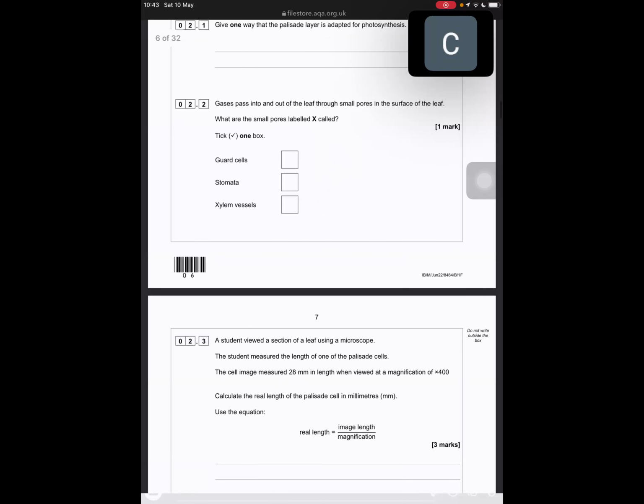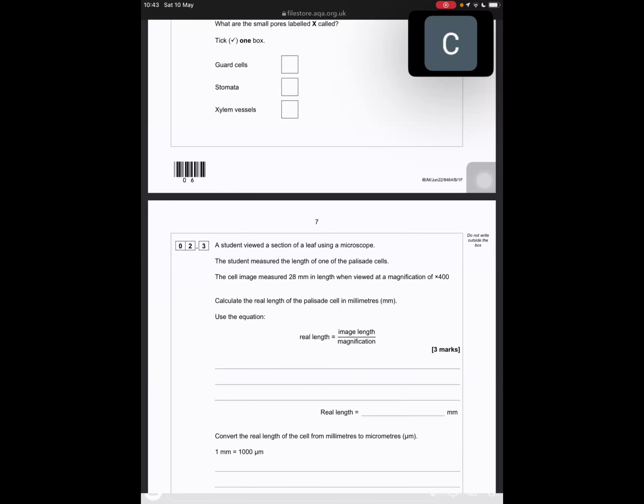It says a student viewed a section of a leaf using a microscope. The student measured the length of one of the palisade cells. The cell image measured 28 millimeters in length when viewed at a magnification of times 400. Calculate the real length of the palisade cell in millimeters.